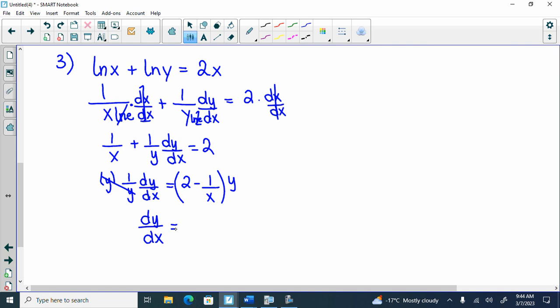Now what they'll probably do is make this have a common denominator. Multiply them both by x. So I'll get 2x minus 1 over x. Technically times y. But the y could just join the top, right?